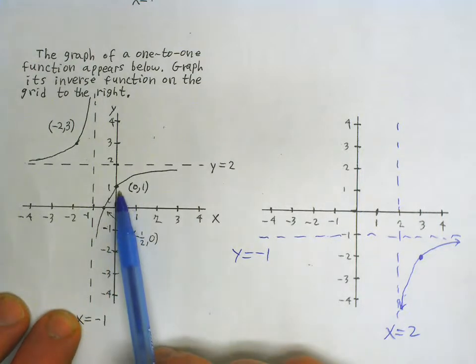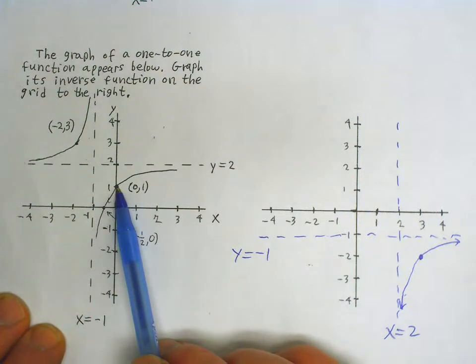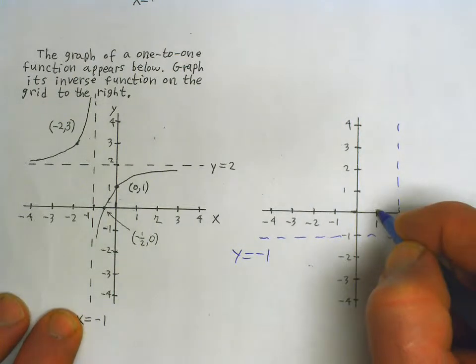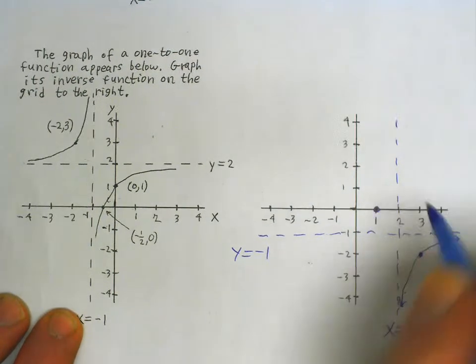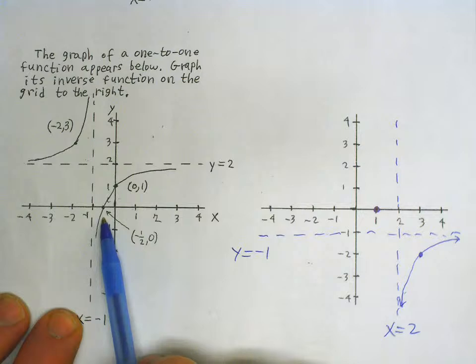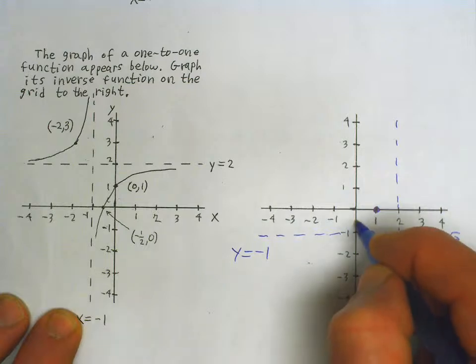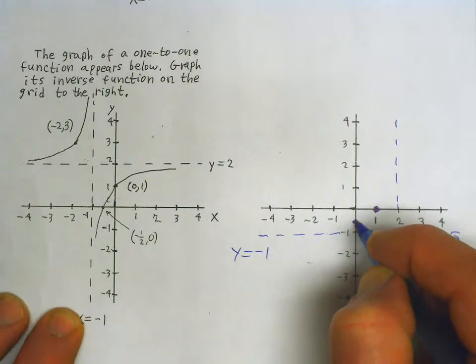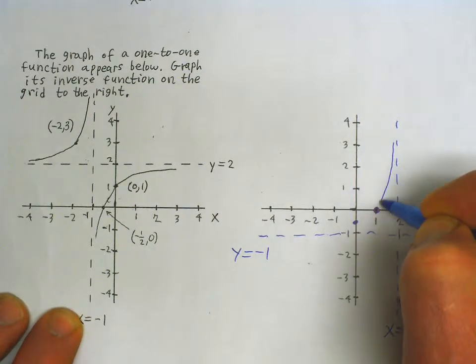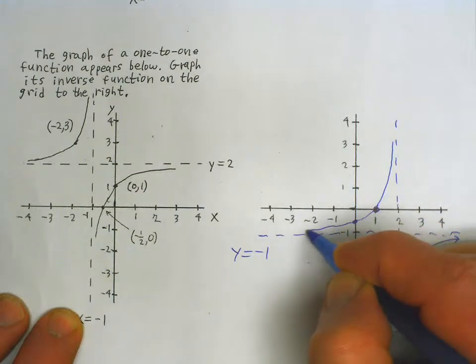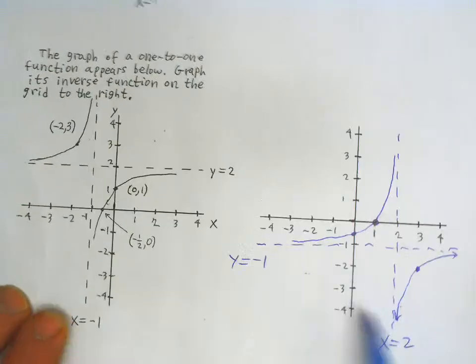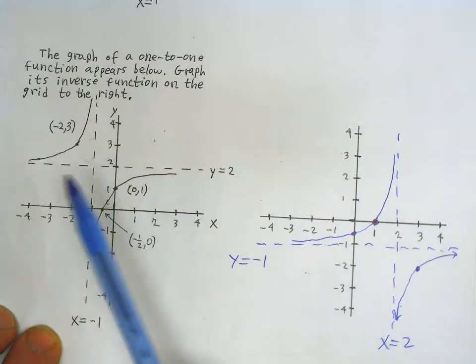And then a couple more points. This point, 0, 1, corresponds to 1, 0. That's right here. And on this function, -1/2, 0, corresponds to 0, 1/2, which is this point. And then we can sketch the graph. So this is a graph of the inverse of that.